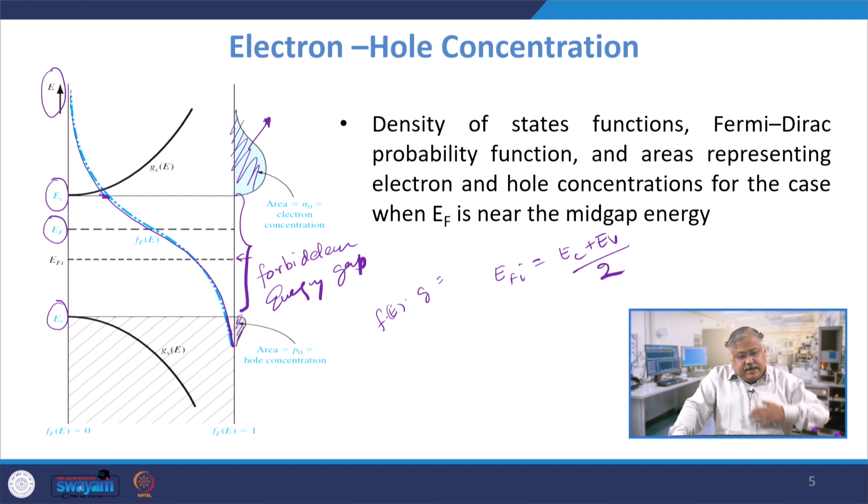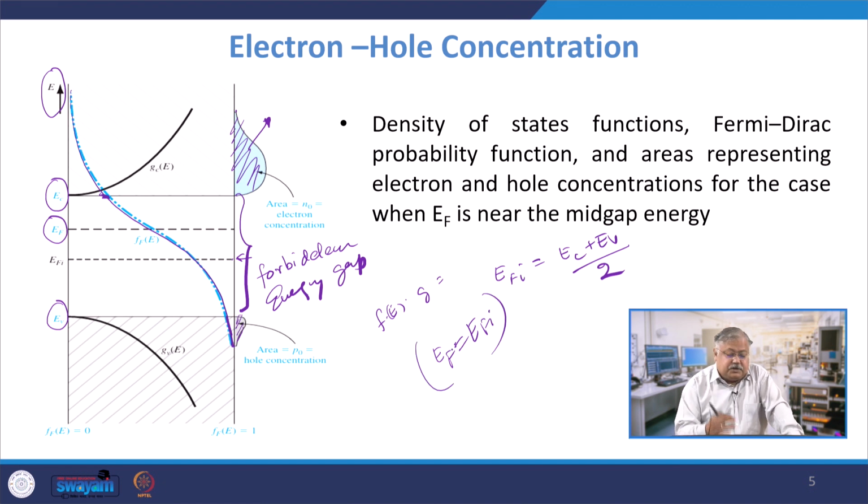So any empty state in the valence band corresponds to a filled state in the conduction band. That is only true when the Fermi level is closer to EFI. So when EF equals EFI, you have this symmetry. But if EF is much closer to the conduction band, you have a much larger number of electrons, and if it is closer to the valence band, you have a larger number of holes.